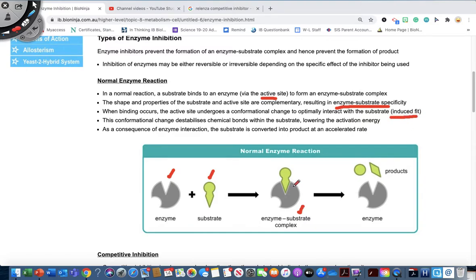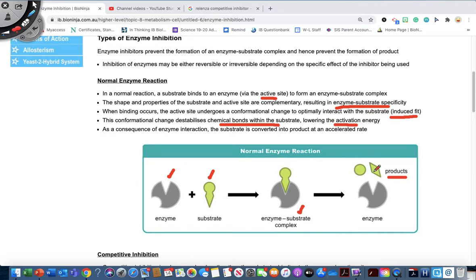That means that the active site of the enzyme is going to undergo a slight conformational shape so that the substrate actually fits. Okay, now that conformational shape of the active site is what's going to destabilize the chemical bonds within the substrate, and it's going to lower the activation energy, allowing for that substrate to break up into products.